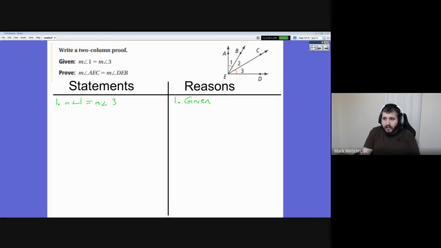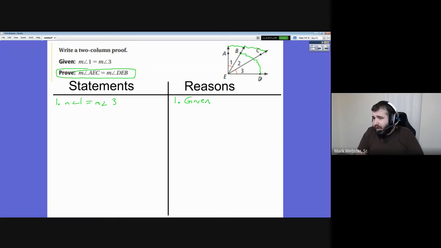And take a look at what they want us to tell them. They want us to prove that the measure of angle AEC is the same as the measure of angle DEB. They want us to show that this one is the same as this one, right?